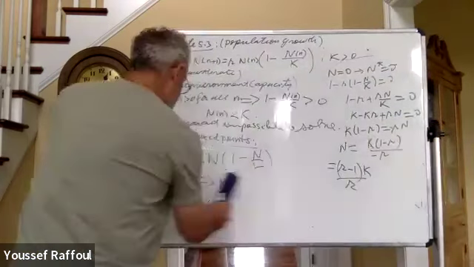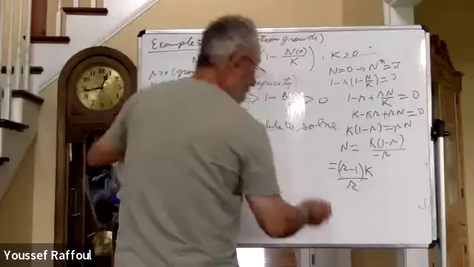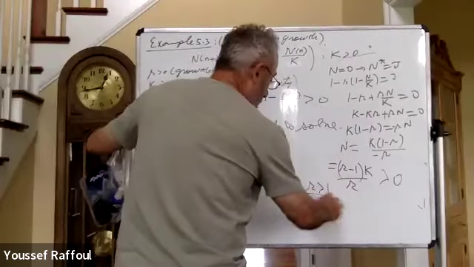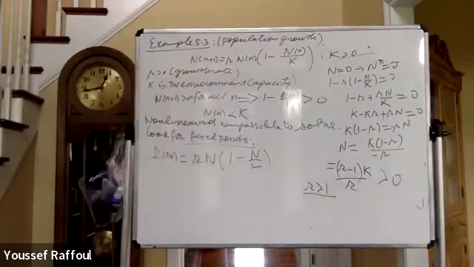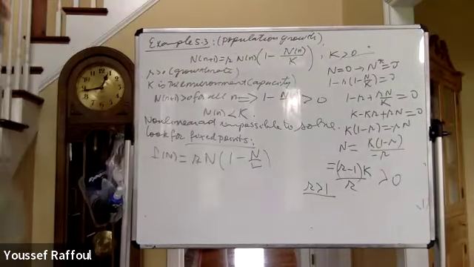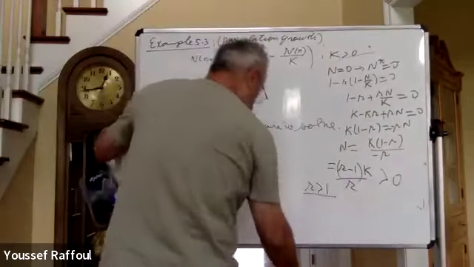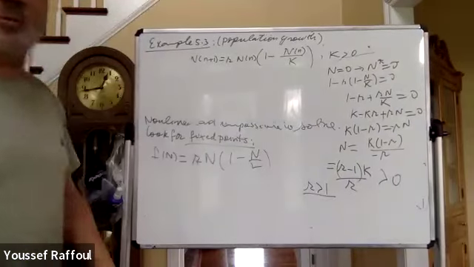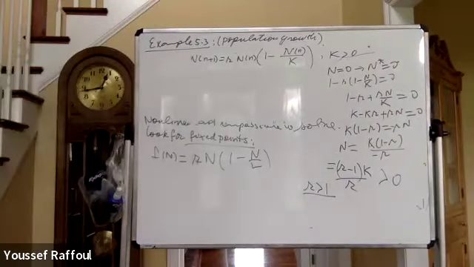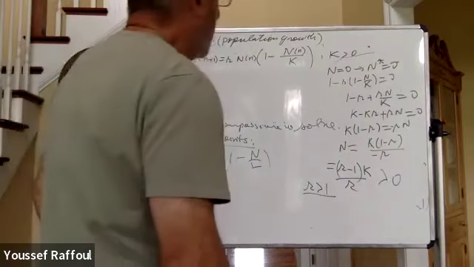So now we want this to be positive, so this is positive only for r bigger than 1. All right. Well, it makes sense. This is the growth rate. So if it's less than 1, then the population will die. That's why I got suspicious.